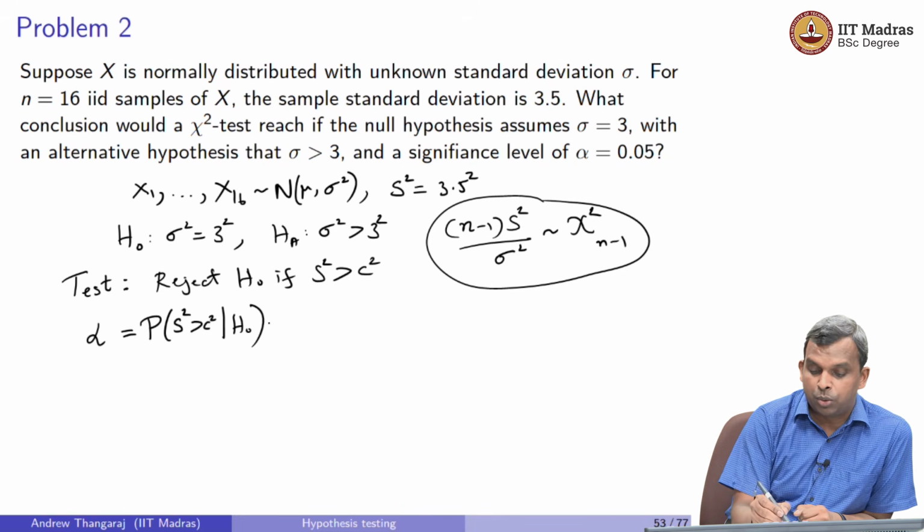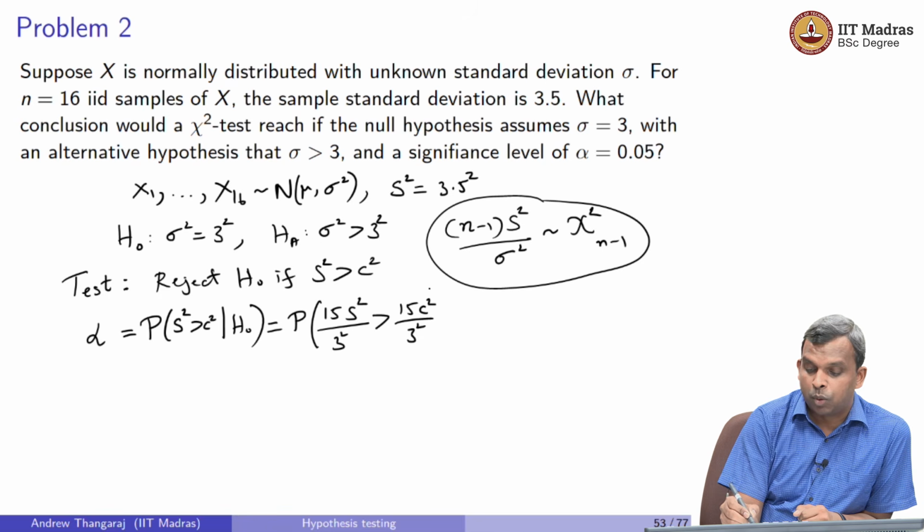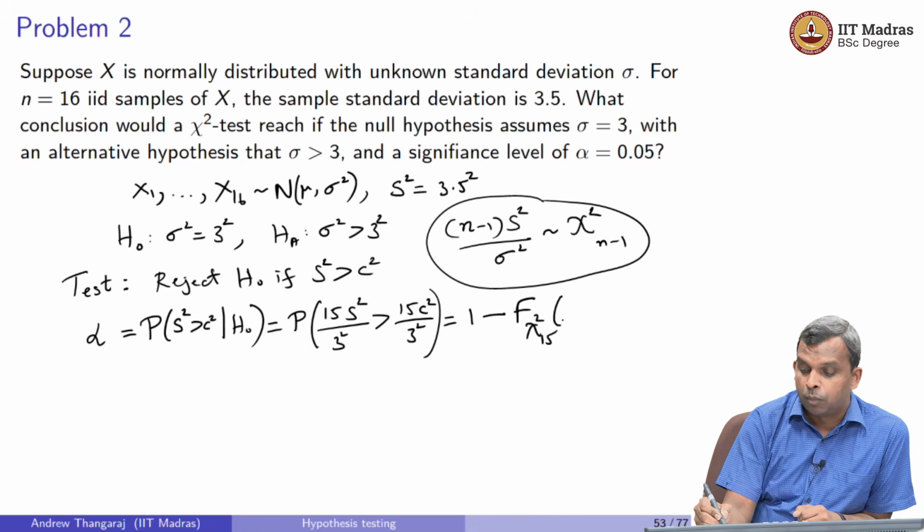Again you do the same thing. This is the probability that 15 times S squared by 3 squared is greater than 15 times C squared by 3 squared. Given H naught, this guy is chi-squared n minus 1. So this is 1 minus F chi-squared 15 of 15 C squared by 3 squared.